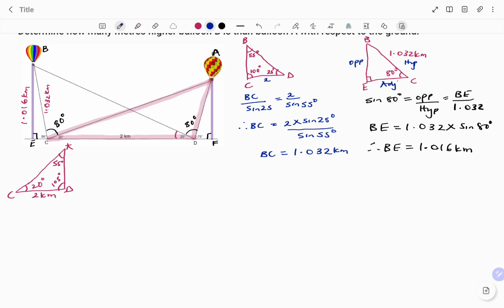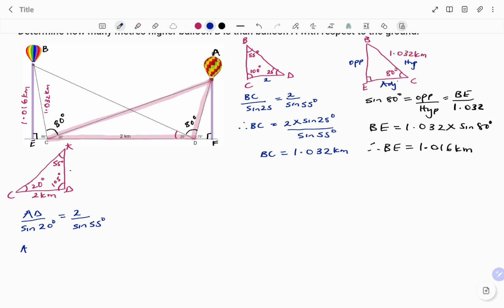Therefore, to find the distance AD, I'm going to use the sine rule. I have AD over the sine of the angle facing the side AD, that's sine 20 degrees, equals CD, that's 2 kilometers, over the sine of the angle facing CD, 55 degrees.